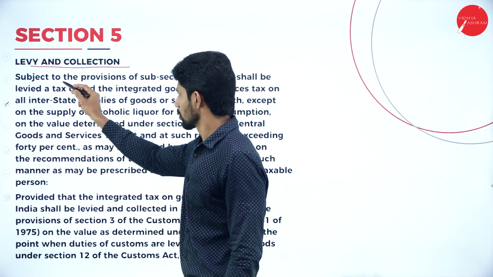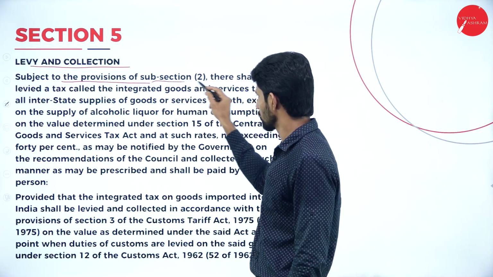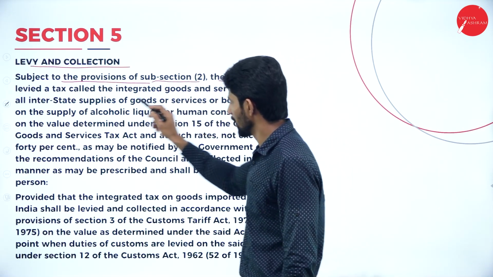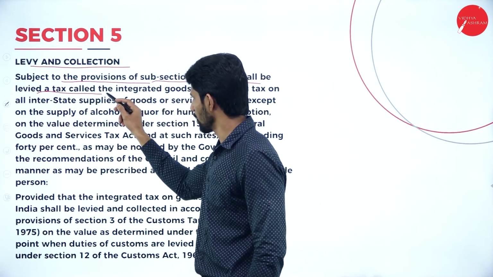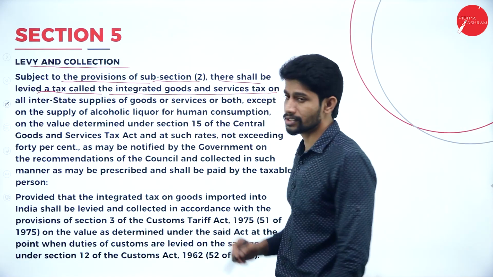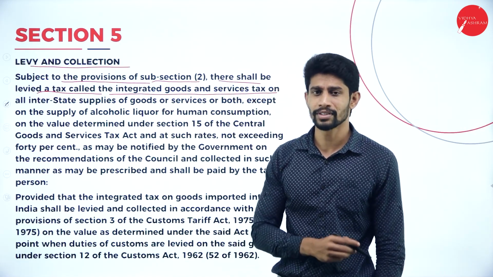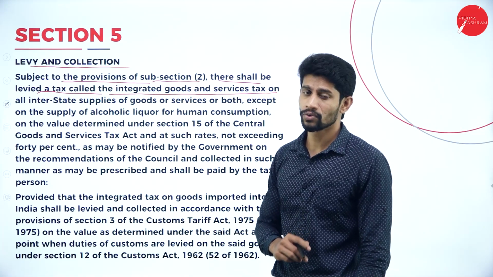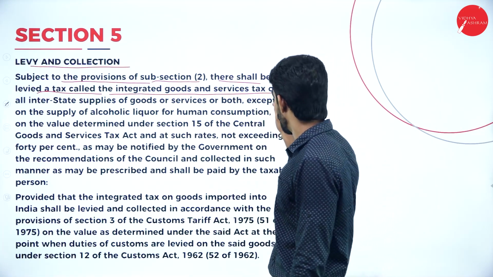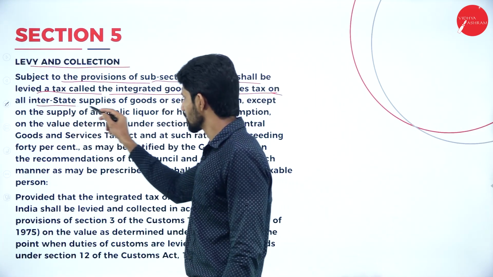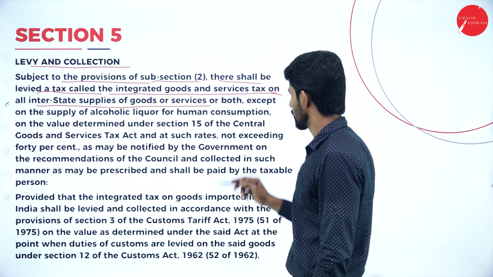Subject to the provisions of subsection 2, there shall be levied a tax called the Integrated Goods and Services Tax. Yes, they will be imposing the tax called Integrated Goods and Services Tax on all interstate supplies of goods or services or both.